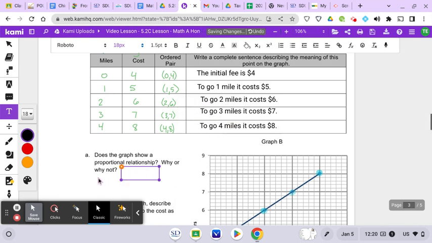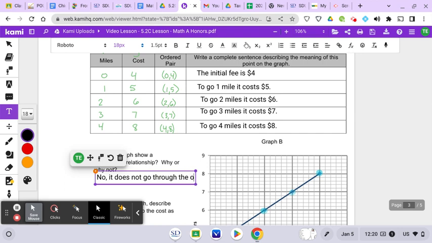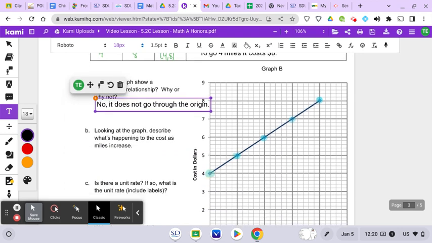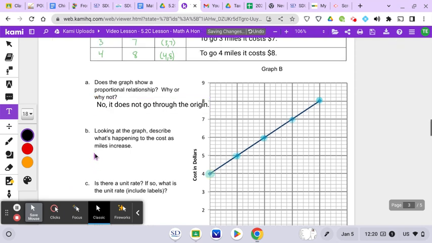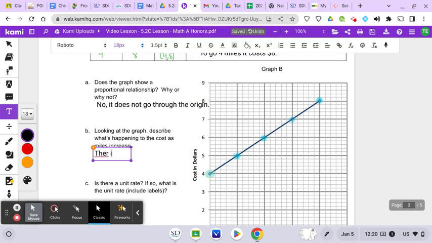Is the graph proportional? No, it does not go through the origin. There is an additional fee. There's a starting fee of $4.